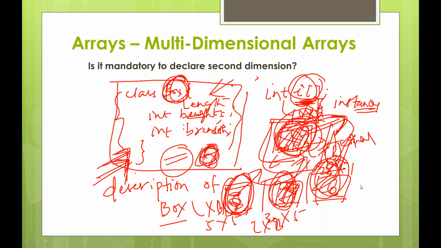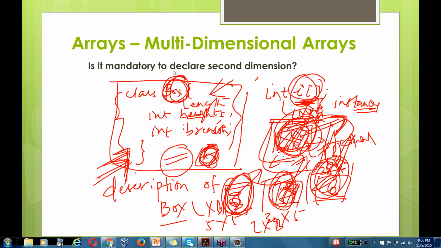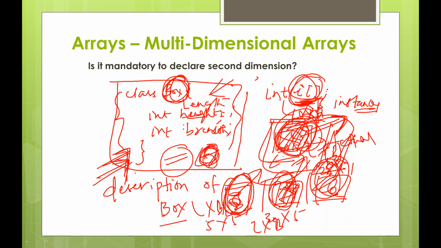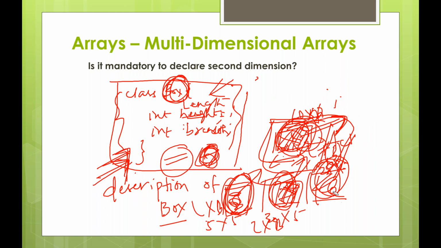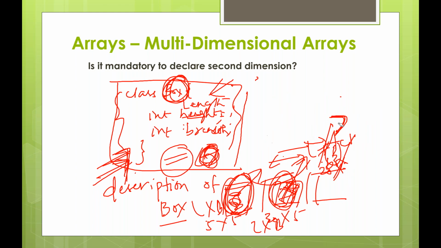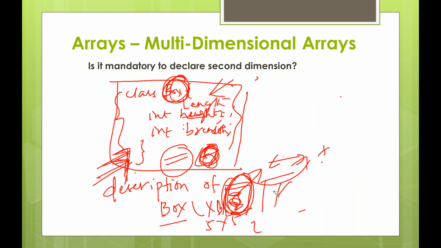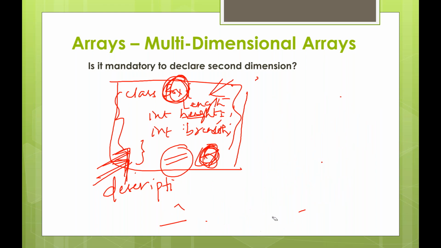An instance is nothing but an object which actually takes up some memory in your physical RAM. That is why it is called an instance of a class.